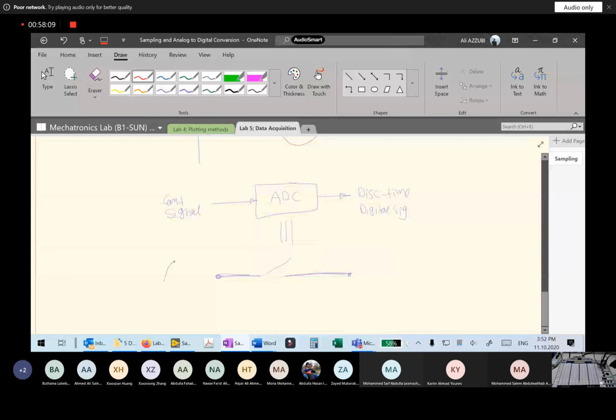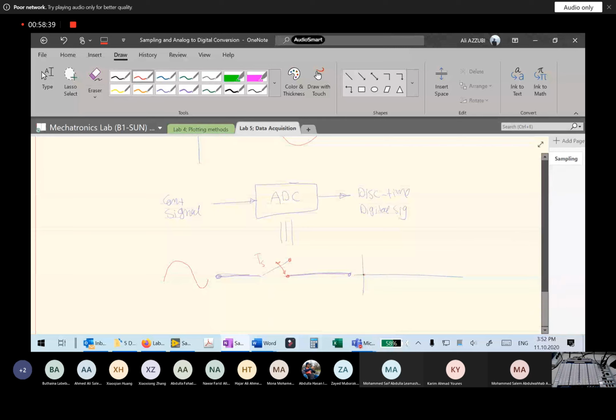Now imagine each time interval equals TS, you close this switch. What are you going to get on this side? Instead of having this continuous signal, only while this switch is closed, you will get a signal on the other side.